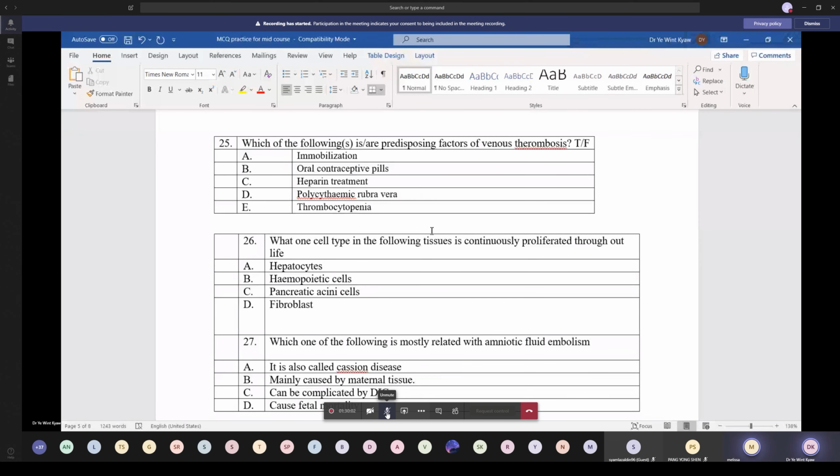Doctor, A is true. You can discuss with your friends, I will not tell you A. So you try to answer A, B, C, D, E. Just finish very fast, very easy. These four questions.